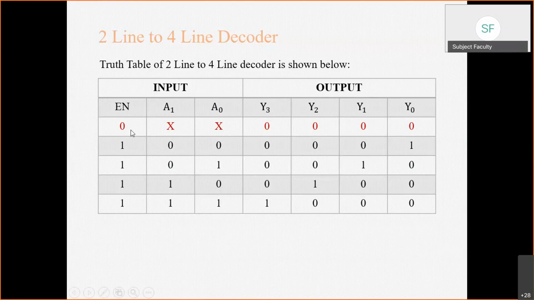But in the first case, when the enable pin is 0, irrespective of your input, whatever A1, A0 may be, all outputs will be 0. That means no output is decoded or selected.